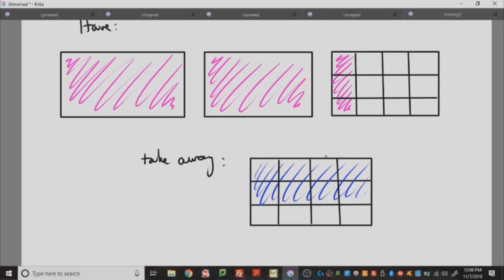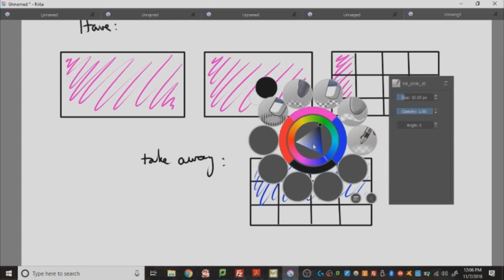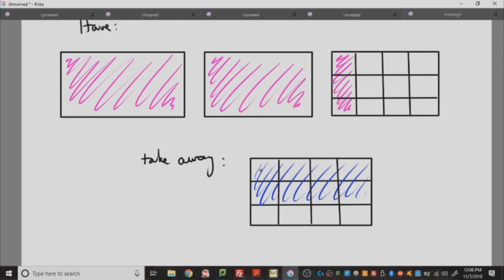So let's do it on the diagram. If I'm taking away one of them, that one goes. If I'm taking away the next one, that one goes. One more. Sure, I can do that. Ew.